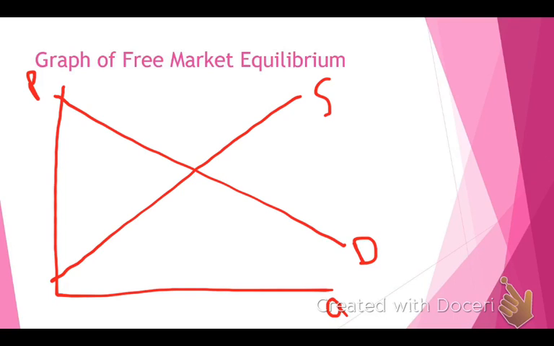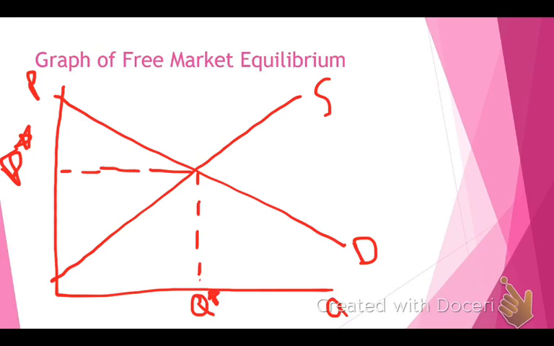Okay, what do we know? Where is equilibrium? How do we determine equilibrium quantity and price? Where supply and demand cross. So this would be Q star, and this would be P star for price.